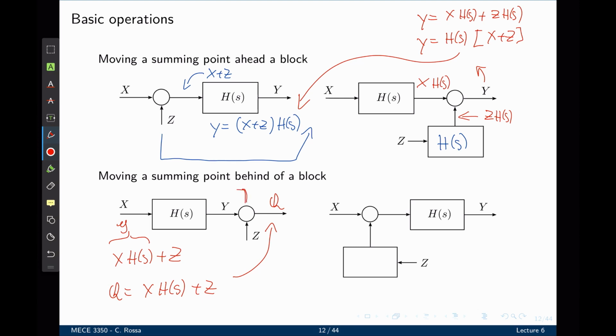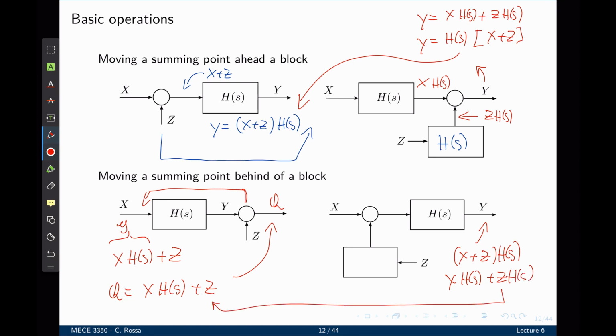If you now take this sum and move it behind the block, what do we have? If you don't do anything, the output of this block diagram would read as x plus z times h of s, which is x h of s plus z h of s. This is not what we got here, because in the first case, z is not multiplied by h of s.